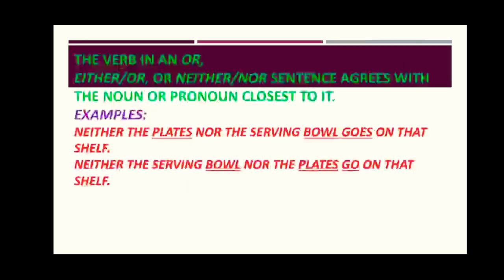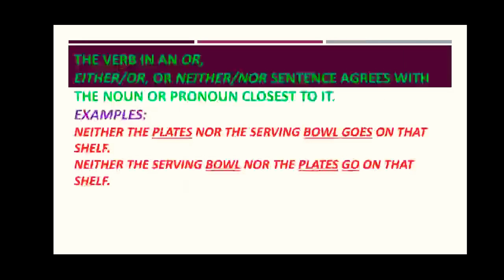So see the example: neither the plates nor the serving bowl. Now which is the nearest to the verb? That is bowl, and bowl is singular here. So that is why we have used goes. Neither the plates nor the serving bowl goes on that shelf.